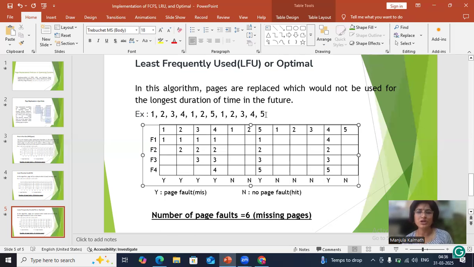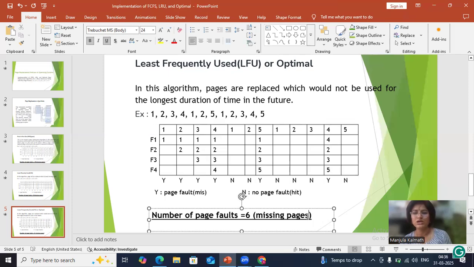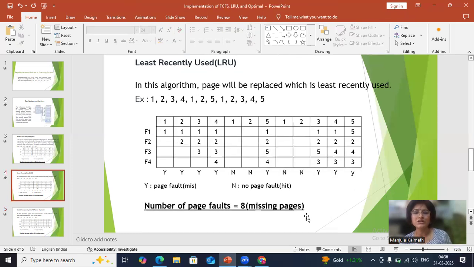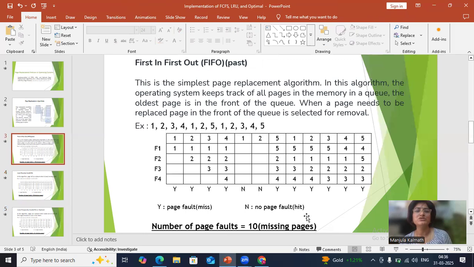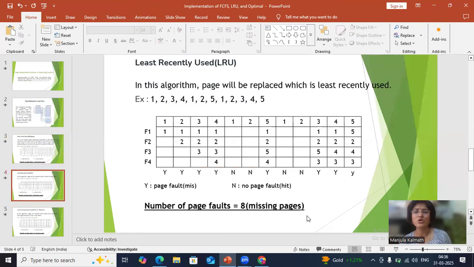So when we compare all three algorithms, the same example is taken in all three. In this one there are 6 page faults, in the previous algorithm, least recently used, there were 8, and in the first one, first in first out, there were 10. So among all these, which one is the optimal algorithm?